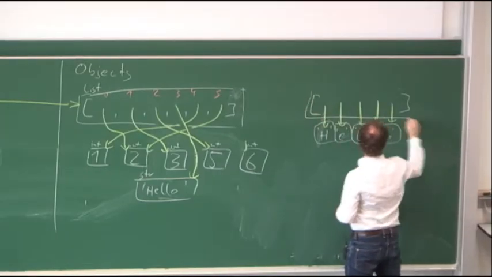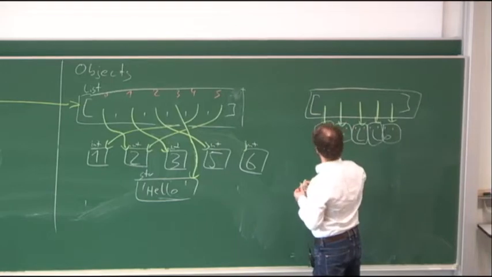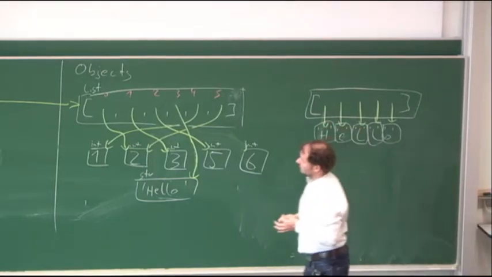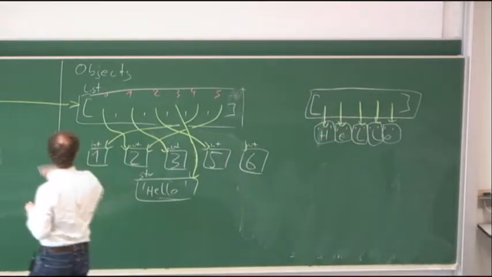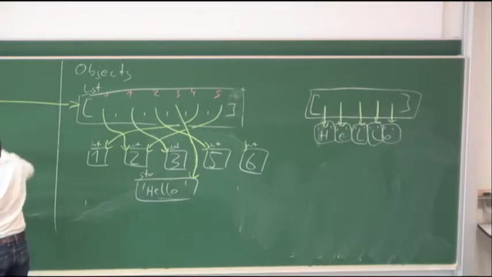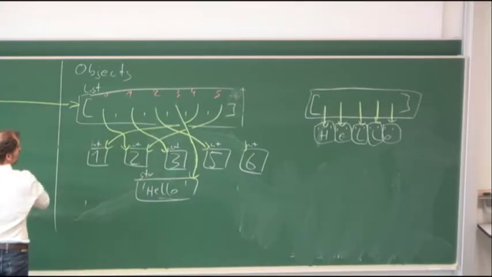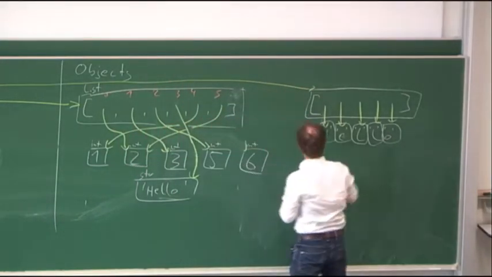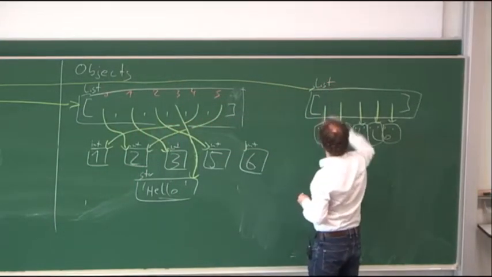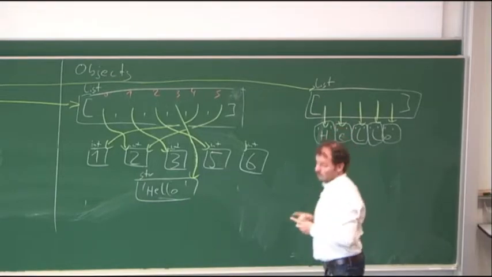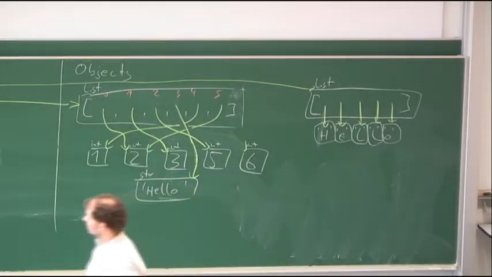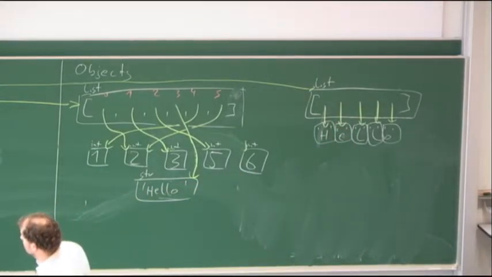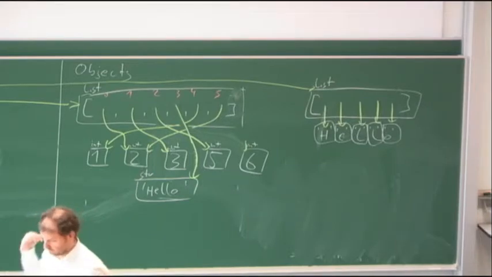And this is an object. And we created a reference M2 that points to that list here. And now we set the last element of M, we make it point to that new list.